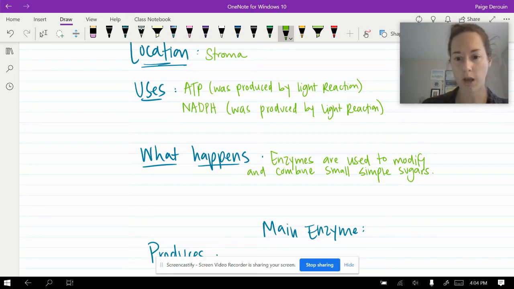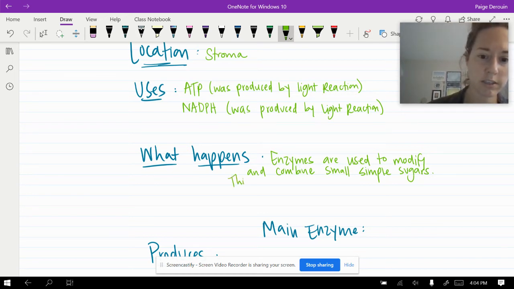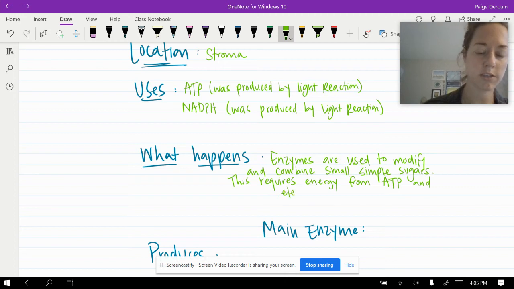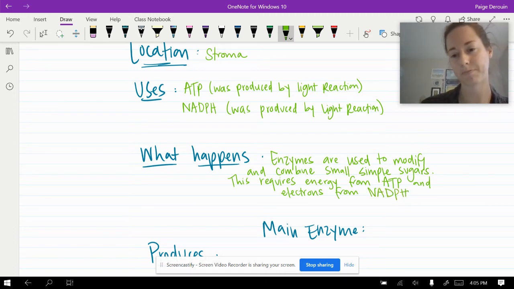And also, I'll just say that this requires energy from ATP and electrons from NADPH to work.